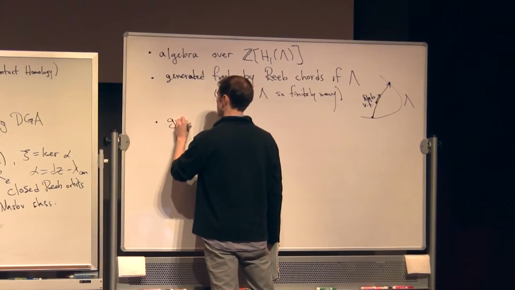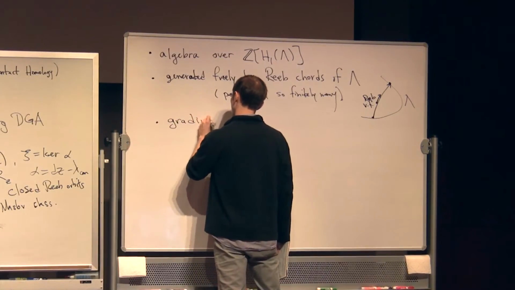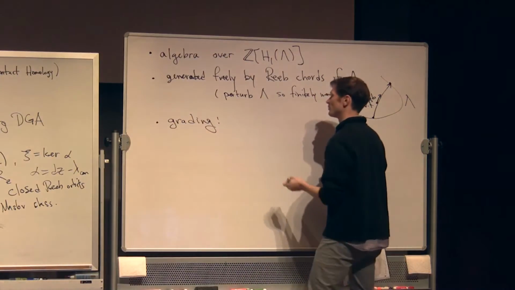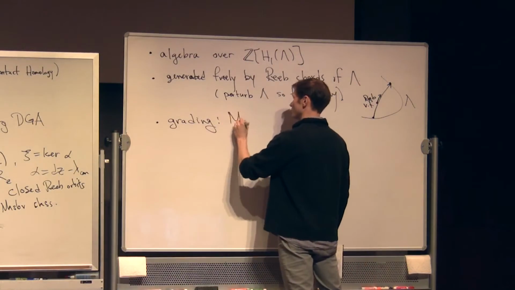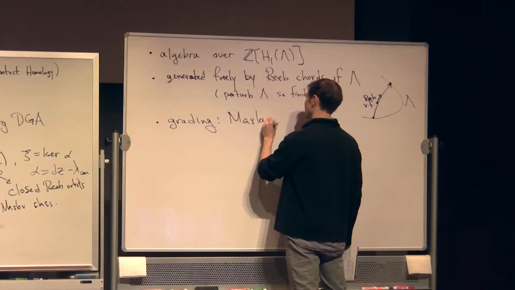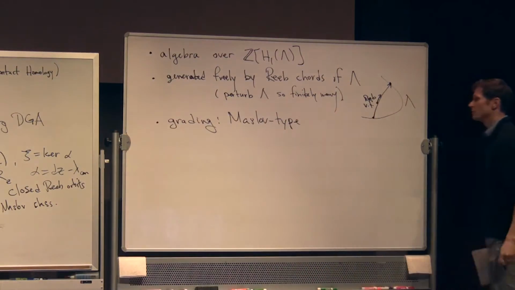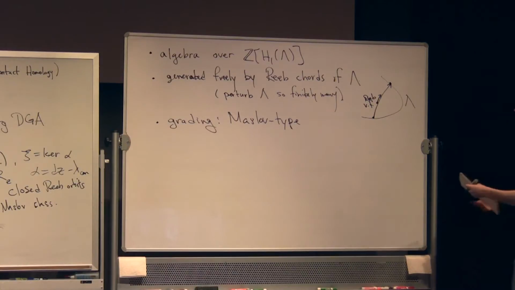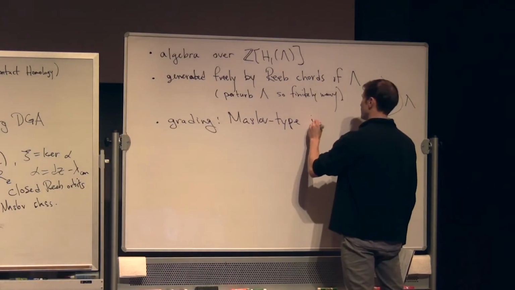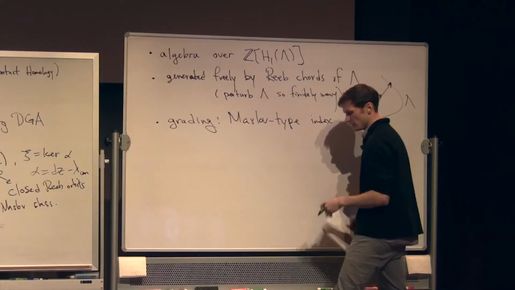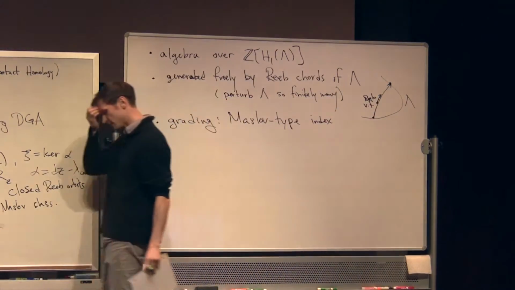My grading, I'm just going to punt and say that there's some sort of Maslov type grading. You define it by making a couple of choices, and it's called the Conley-Zehnder index.